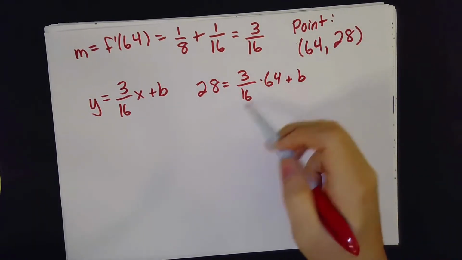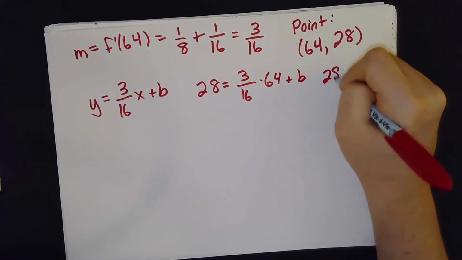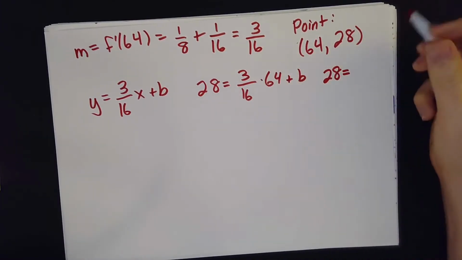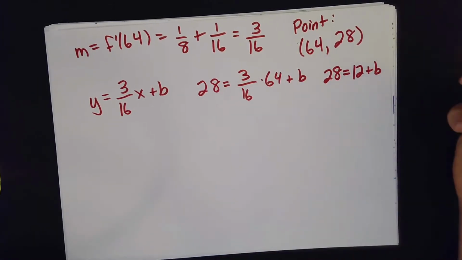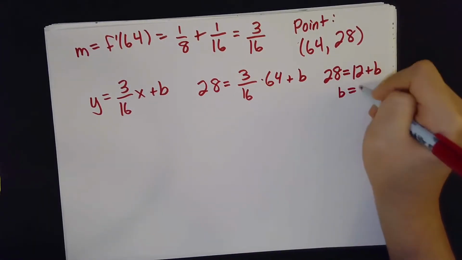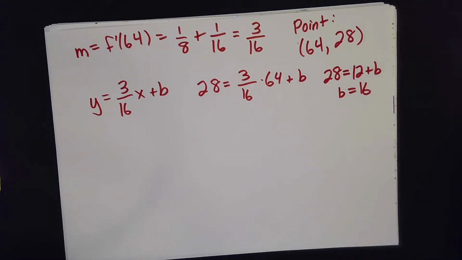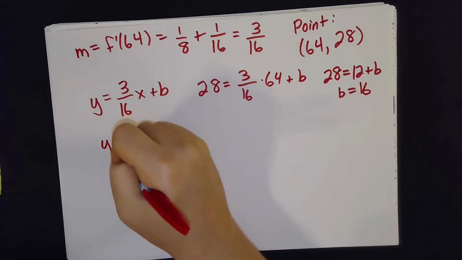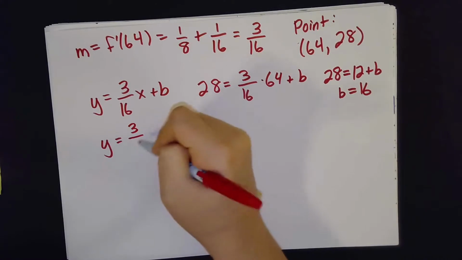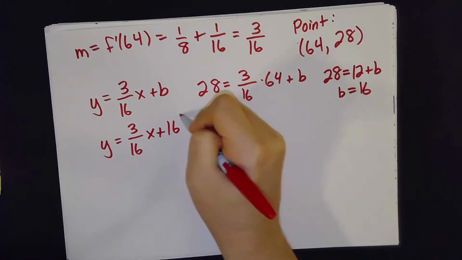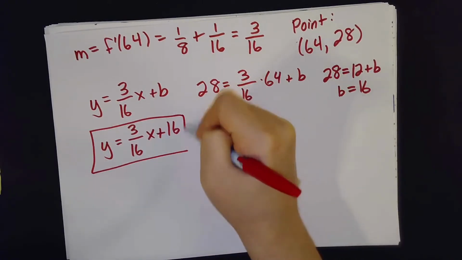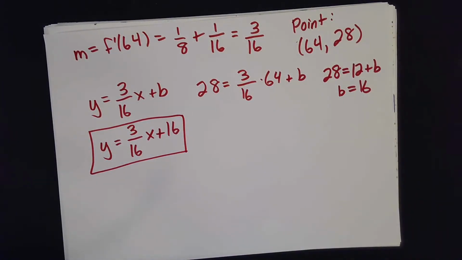Okay. Fortunately, this works out nicely. So this is 28 equals 12 plus b. So b is 16. And then that tells me that the equation of my tangent line is y is 3/16 x plus 16. And that is the answer to my question.